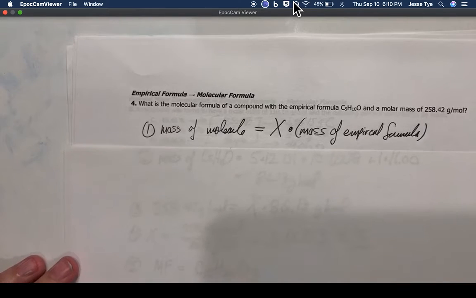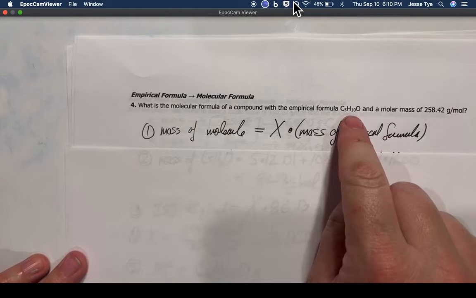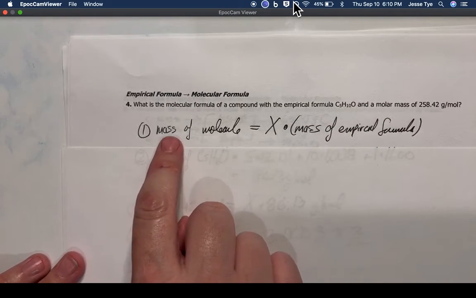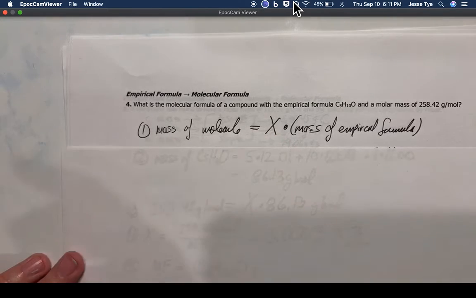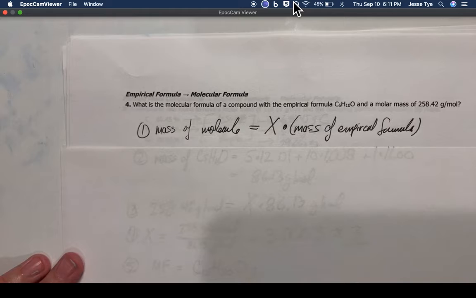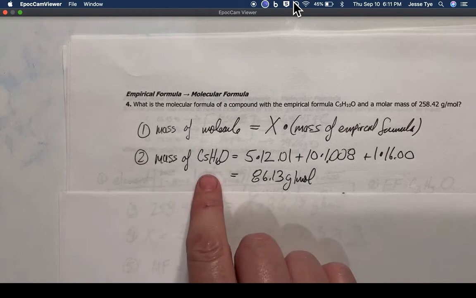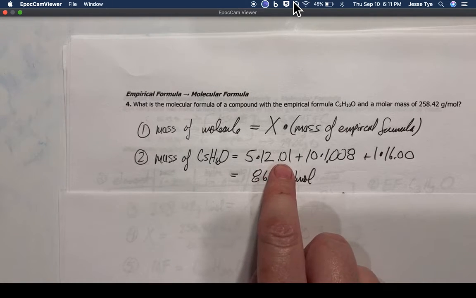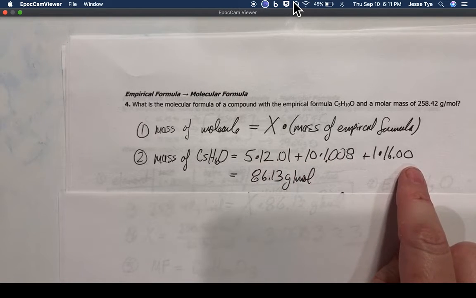Now I'll walk you through how you can figure out what the molecular formula is with some additional data. For this problem, you're given the empirical formula and the mass of the molecule. It is always true that the mass of the molecule is equal to some integer x, a counting number, 1, 2, 3, 4, 5, times the mass of the empirical formula. The mass of the empirical formula I've worked out is 5 times the mass of carbon, plus 10 times the mass of hydrogen, plus 1 times the mass of oxygen.